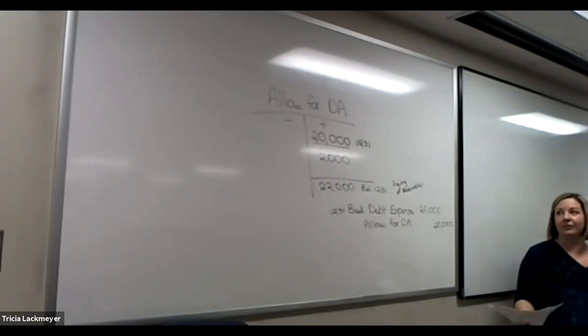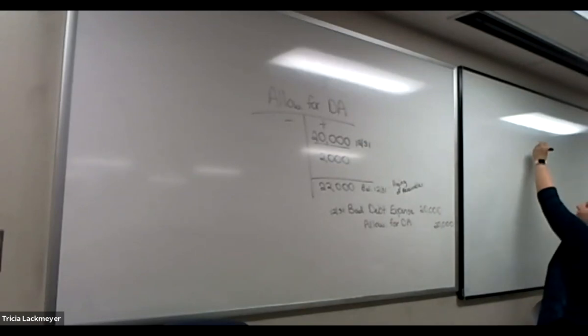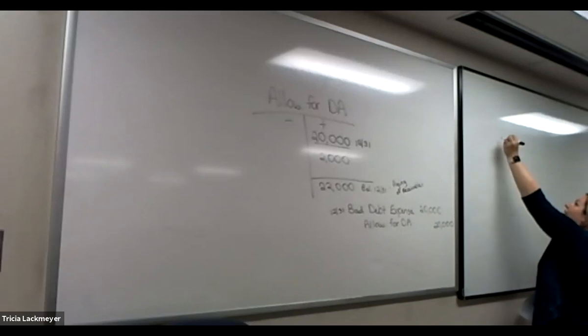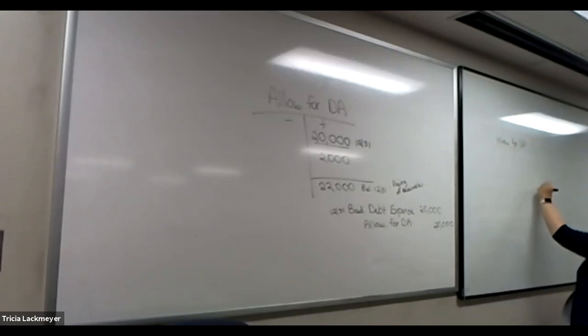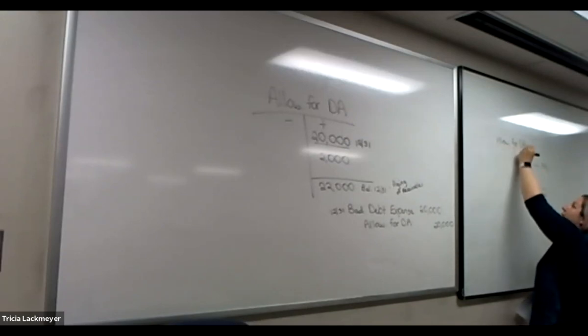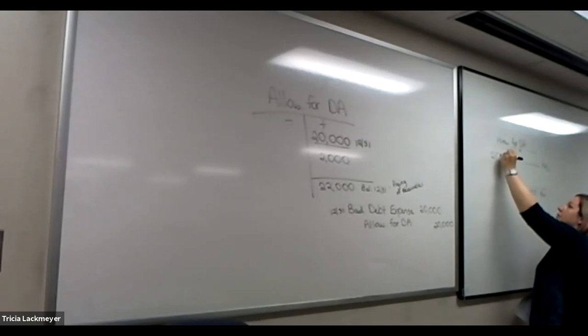What happens if, we'll do it over here so it's not confusing, hopefully. What if they told you your estimate was still the $22,000 and you need to find your adjusting entry, but I had a debit balance of $2,000?